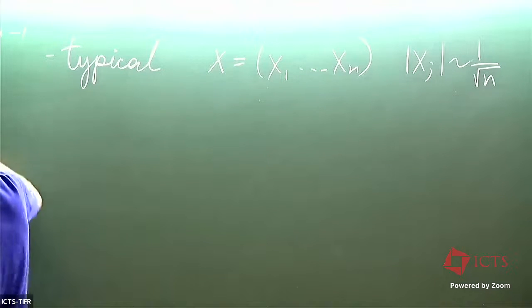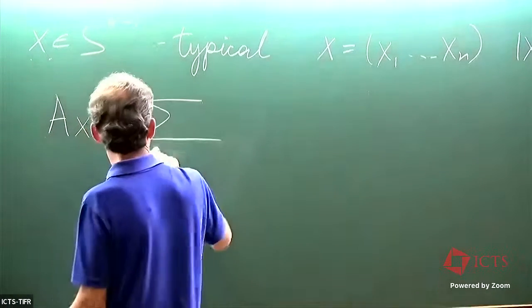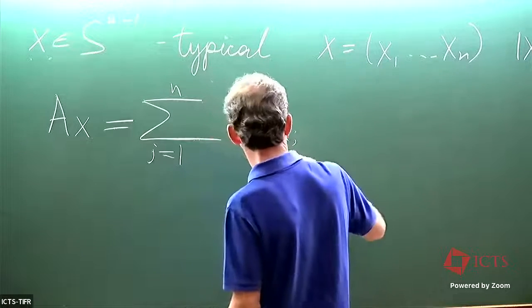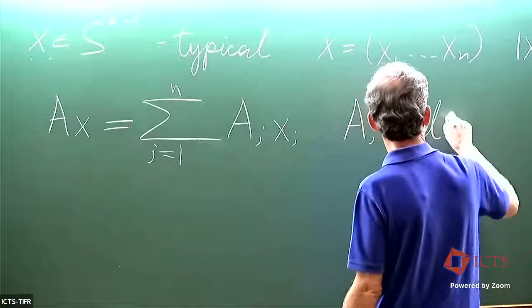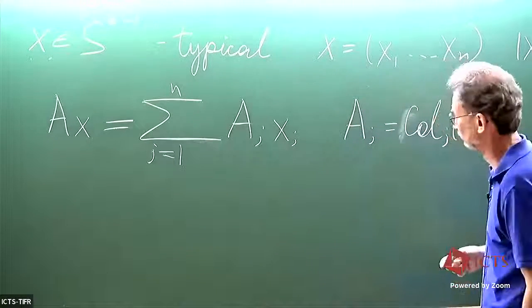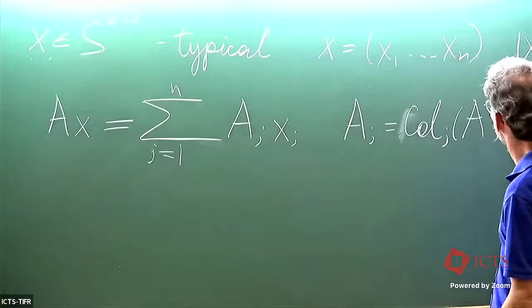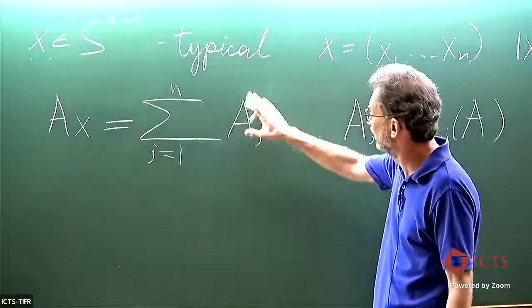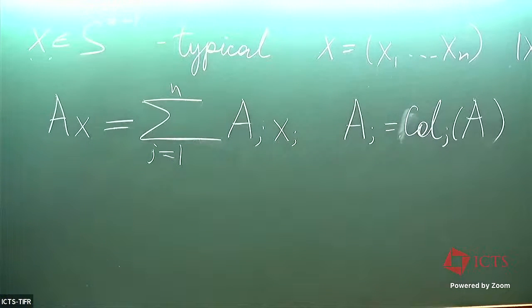Let's consider AX, the image of this point, and this is the sum j from 1 to n, A_j x_j, where A_j is the jth column of A. Well, if I know one of those and I can eliminate the impact of others, then there is no cancellation and I will have a lower bound.